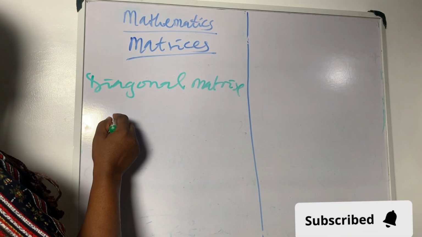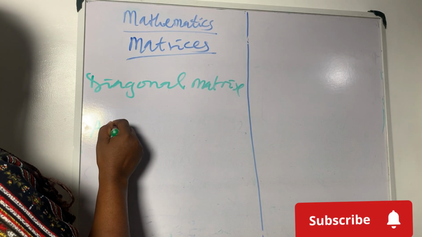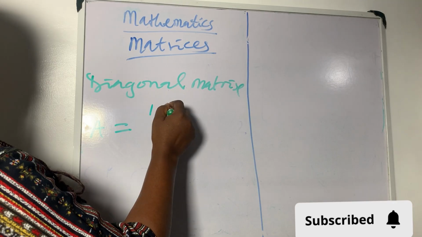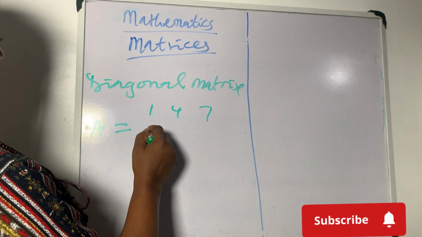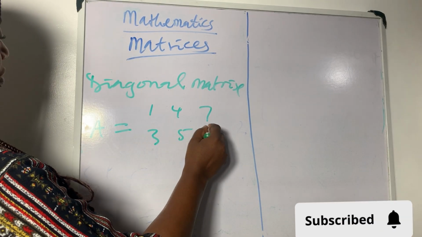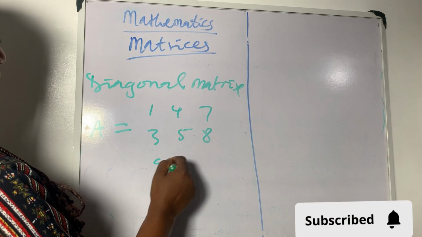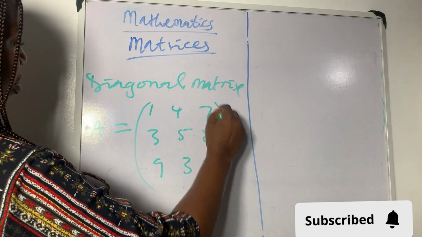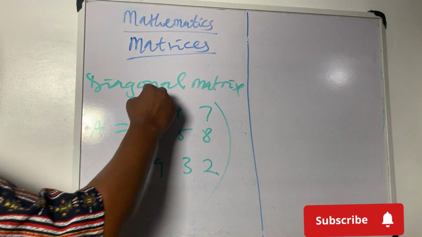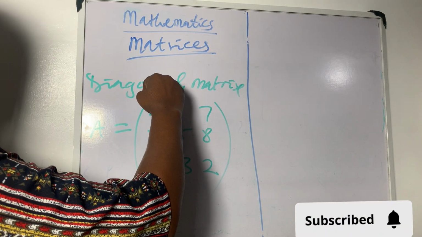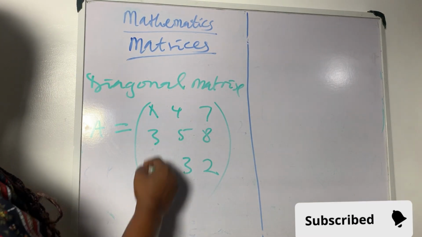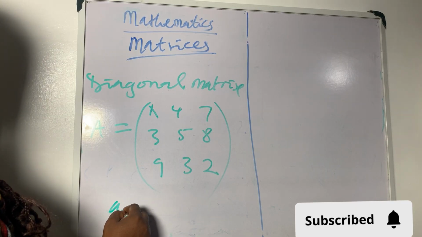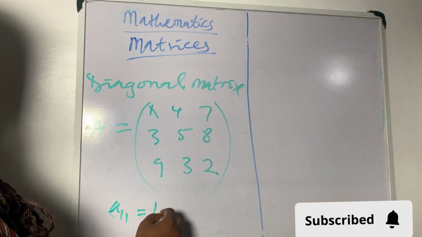If you are given this kind of matrix, let's say A equal to 1, 4, 7, 3, 5, 8, 9, 3, and 2. The diagonal elements here are: picking out the diagonal, A11 is equal to 1.